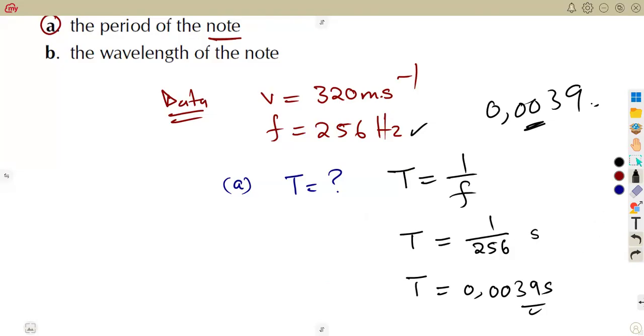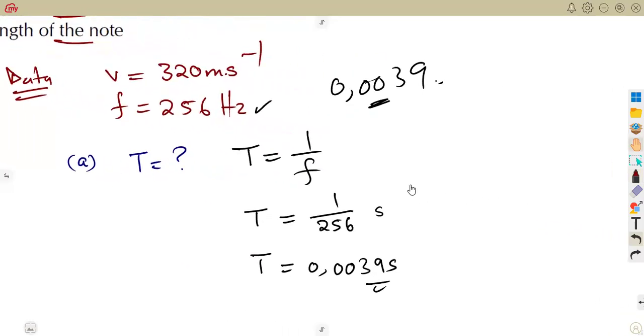So these are some of the typical questions that you might be given, just like the basics. Then the wavelength of the note. The wavelength can be calculated directly, guys, because we have got the frequency. But let us just make the subject of the formula.